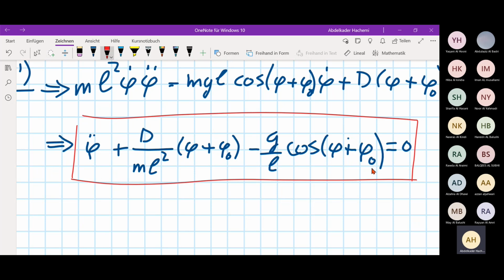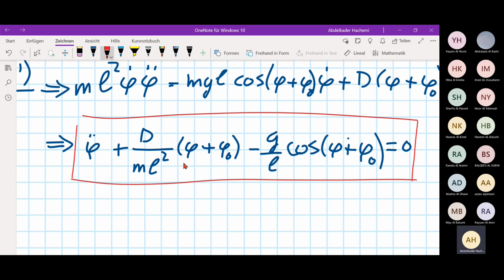Now, it can be asked that for small phi zero, this term will be equal to 1. Then we can put this minus g over L on the right-hand side, phi zero multiplied by this term, and we will get phi double dot plus omega squared phi.